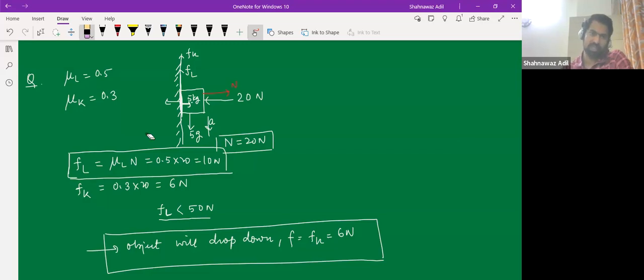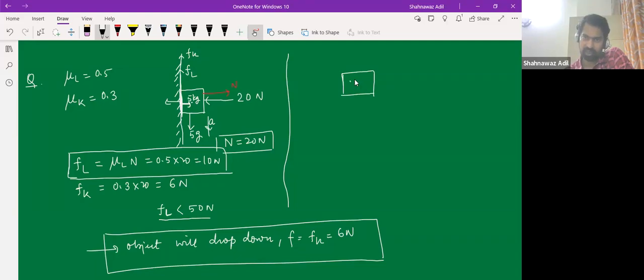The question is, what would be the acceleration? So just make the free body diagram, then you have your answer.